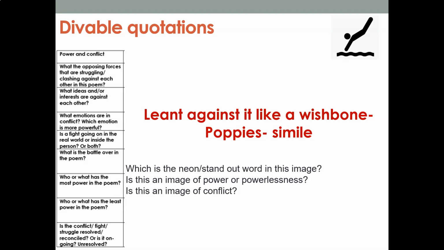Lovely. So we could say that this is an image of internal conflict. She's fighting against her grief. She's fighting against having lost her son. She's fighting against herself, knowing that she has to let him go, remembering him. She's fighting against that sense of responsibility.